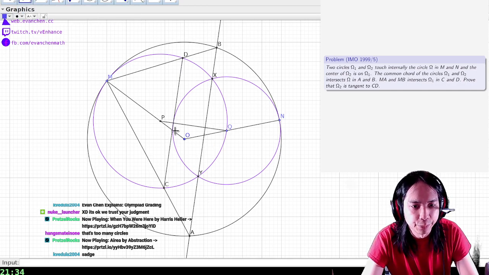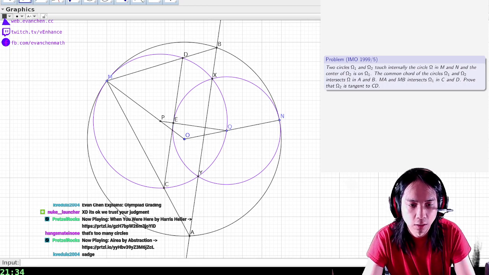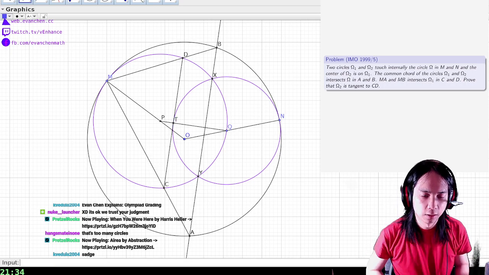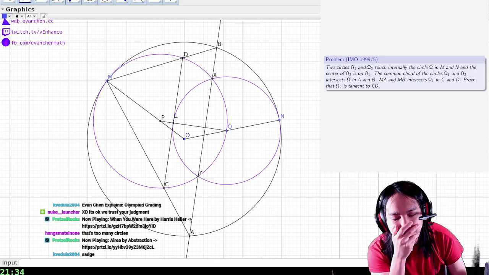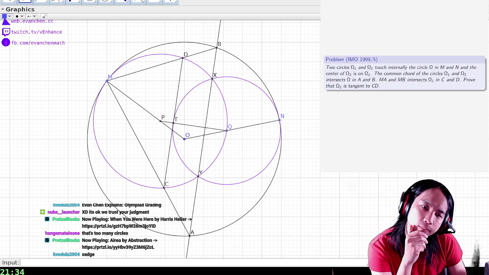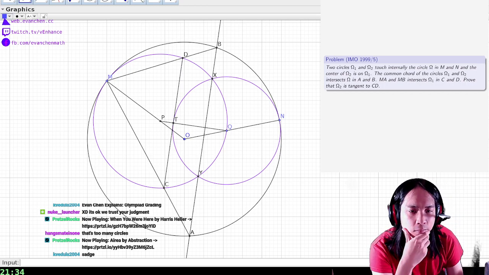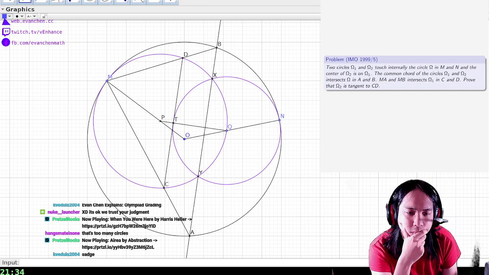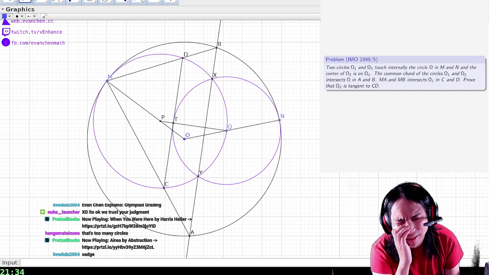And this point will be a special, let's call it T. Why is there a radical axis though?